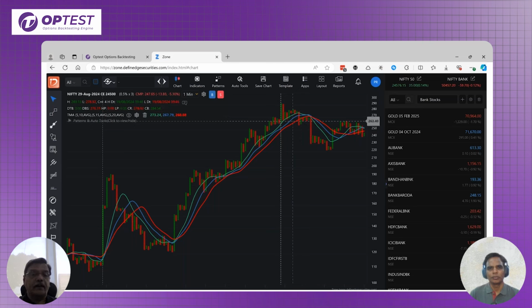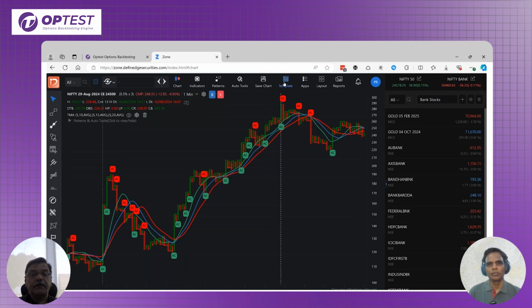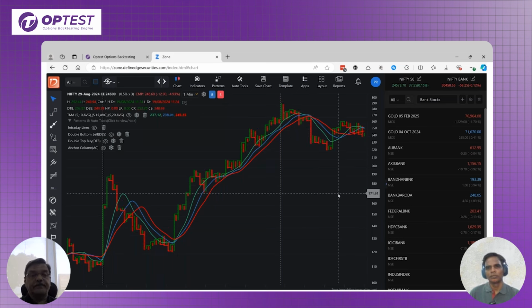So that DBS would have been a trigger for this kind of a trade. And exit also can be a double top buy above the moving average. So maybe now, if the next double bottom sell comes for the current column, that will be another trigger for a trade. So here one can see.